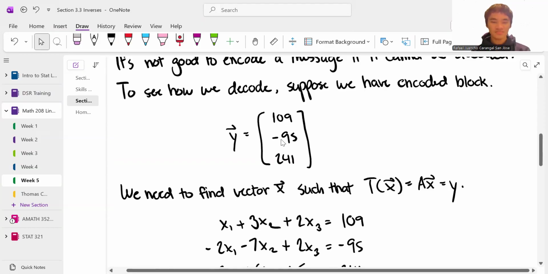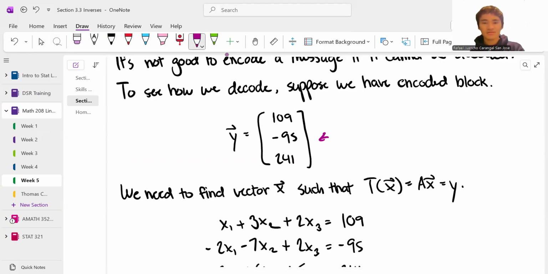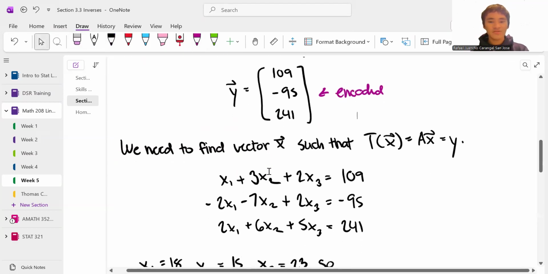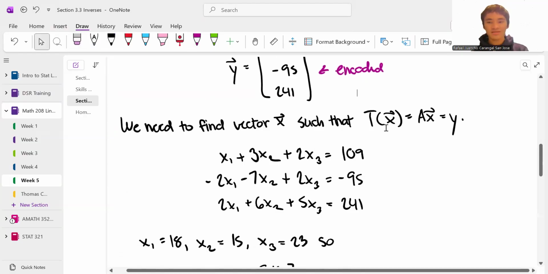It's encoded, so we say this is an encoded message or vector. And we need to find vector x such that this input vector x that we plugged into our linear transformation, which is the same thing as multiplying it by some matrix A, is equal to y.